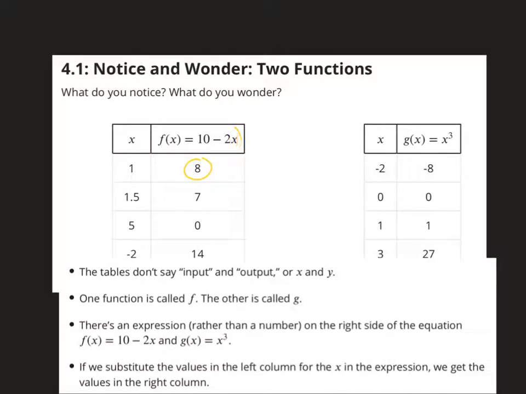We'll take this out and we'll put in 5 here. Well, that's 10 minus 2 times 5, which is 10 minus 10, which is 0. So 5 yields an output of 0. Over on the right side, if you take 3 as an input, and you put 3 right here, 3 to the third power is 3 times 3 times 3, which is 27. So we're still able to build a table like we used to.